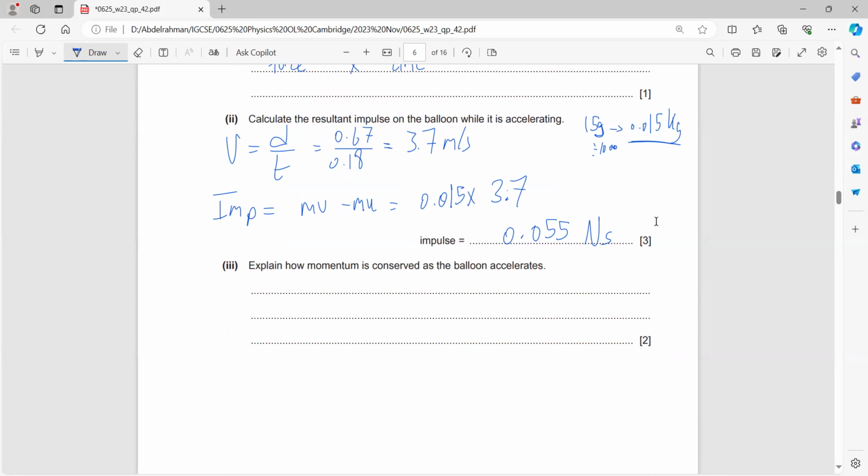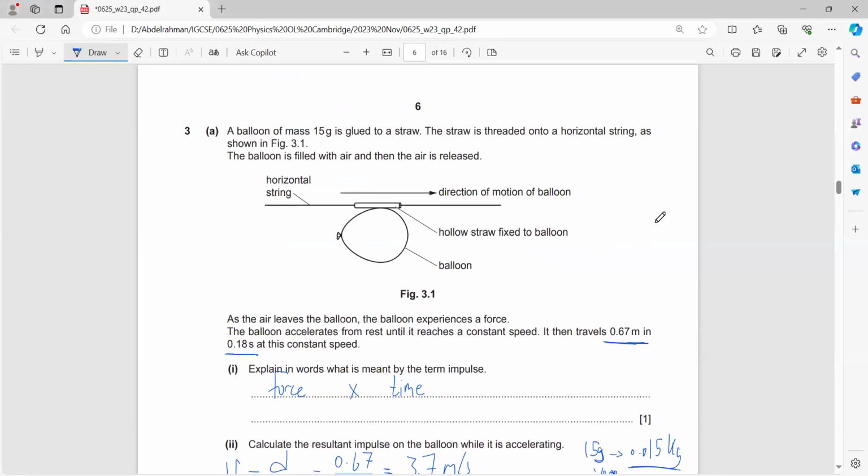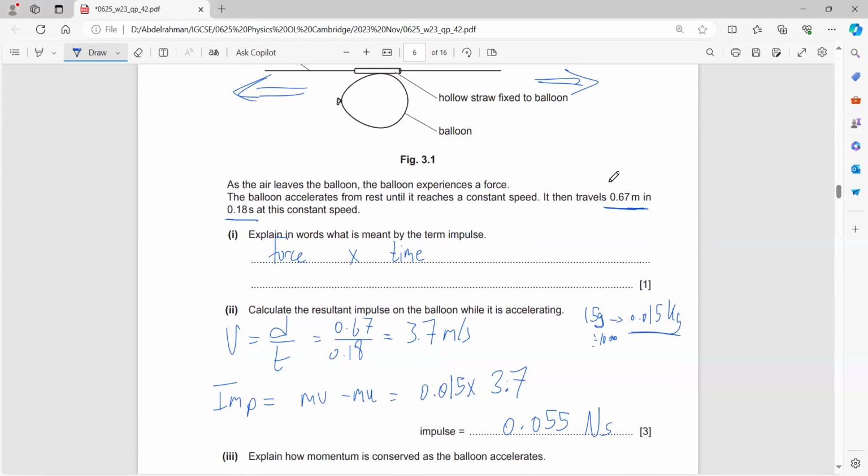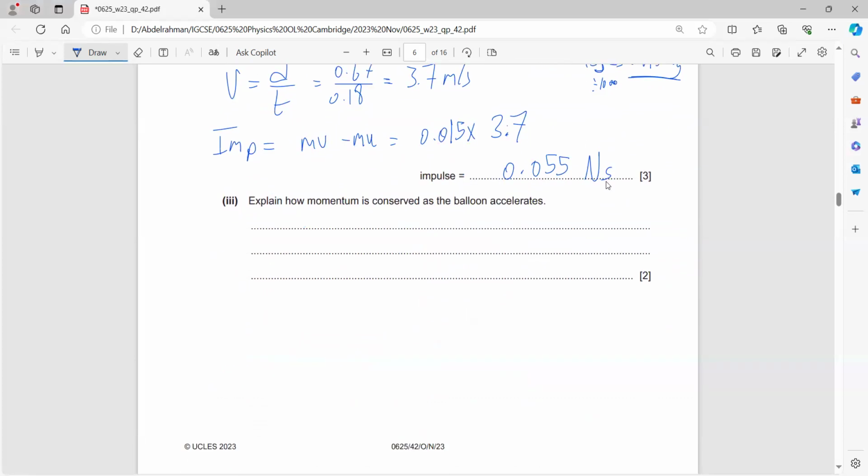You can say that the momentum of the air leaving the balloon to the left is equal to the momentum of the balloon itself moving to the right. Now, there is some air moving in this direction, and the balloon moves in this direction. The momentum of the air moving to the left side is equal to the momentum of the balloon moving to the right side, which is the law of conservation of momentum.